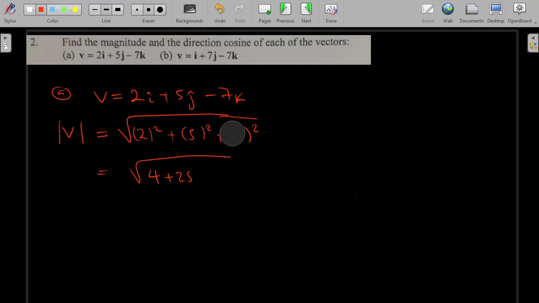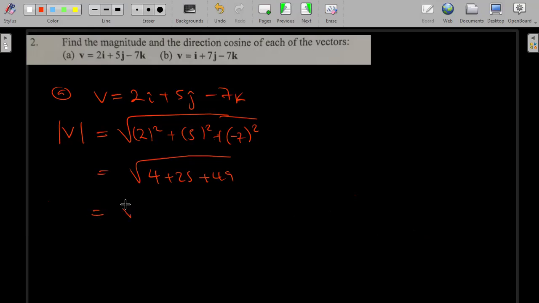Okay, so let's do this. So this is plus, then negative 7 there. So now when I square everything here, I'm going to get 4 plus 25 plus 49. So adding everything, you have 49 plus 4, then plus 25. Okay, so that gives you 78.